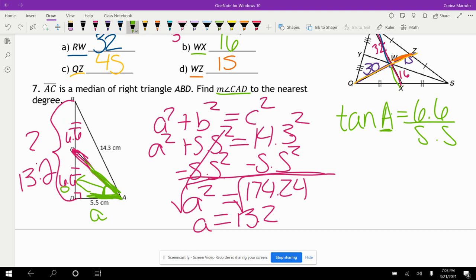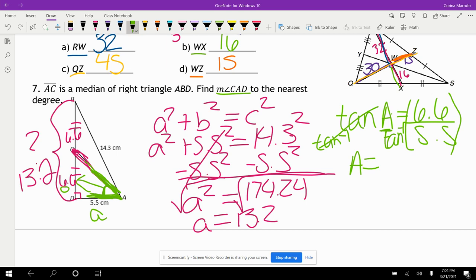Okay, so to figure out what angle A is, we're going to have to take the inverse tangent. That'll cancel the tangent and just give us A. But what we do to one side, we have to do to the other side. So in our calculators, we're going to find the inverse tangent of 6.6 over 5.5. Now remember, you do need to make sure that your calculators are in degree mode.